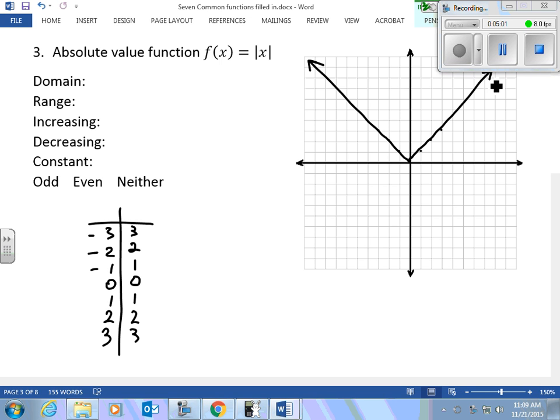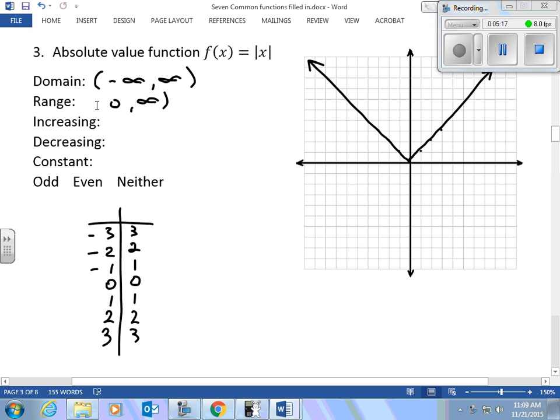So the domain of this function, all the x values, negative infinity to infinity. The range is actually 0 to infinity. And actually, I should have a square bracket there. Let me just put that there because it can include 0. It's increasing. If you look at this function, it's increasing from 0 to infinity.